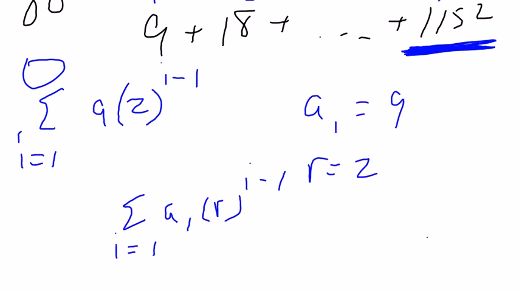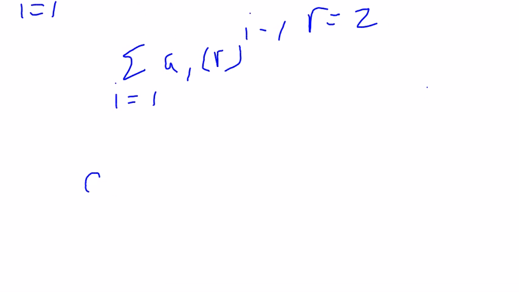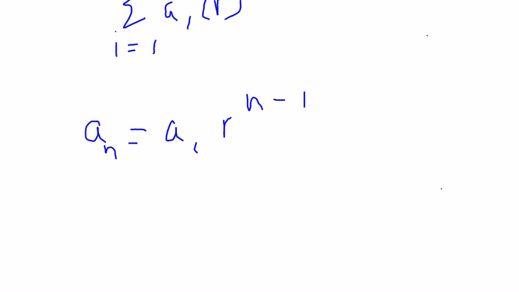Okay, well, how do we figure out that term? So I know that if I'm finding the x term, in fact we can just use n, doesn't matter, n term, it's going to be a1 r to the n minus 1. Okay, well a1 in this case is 9, r in this case is 2 to the n minus 1.